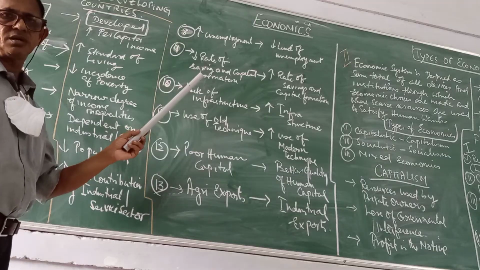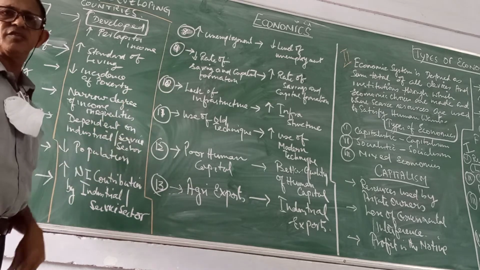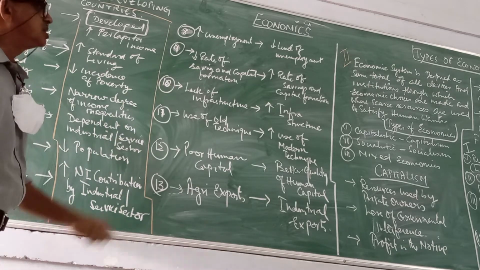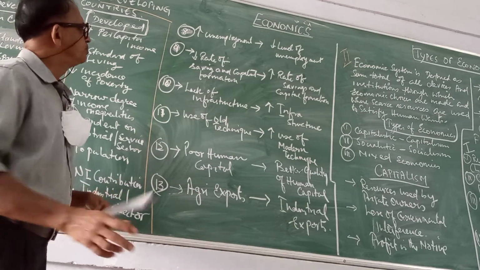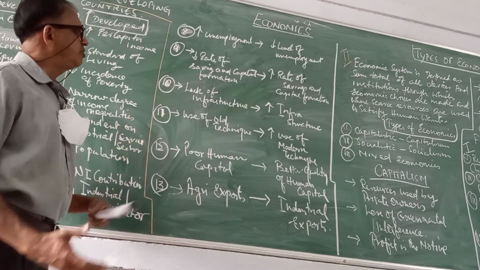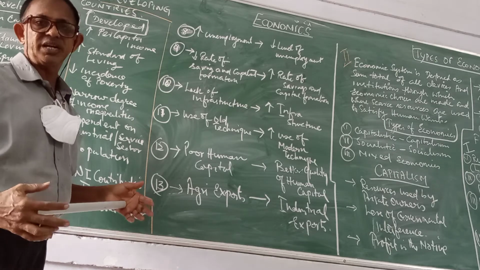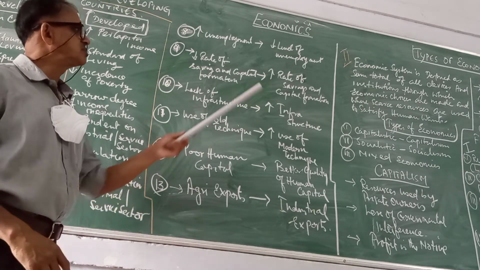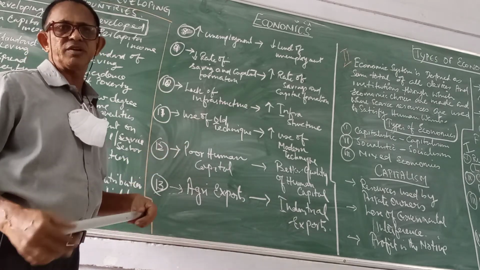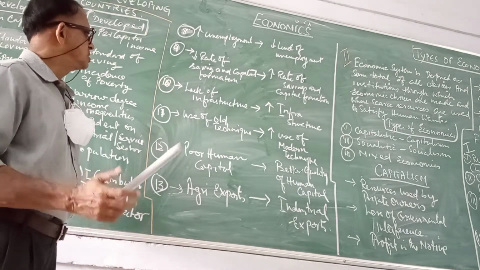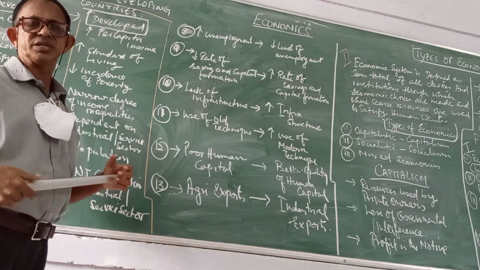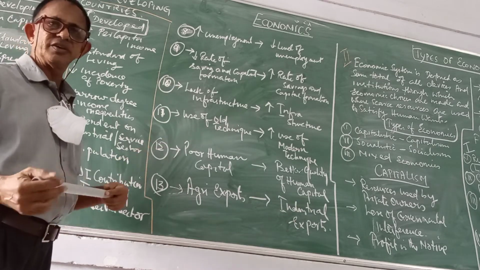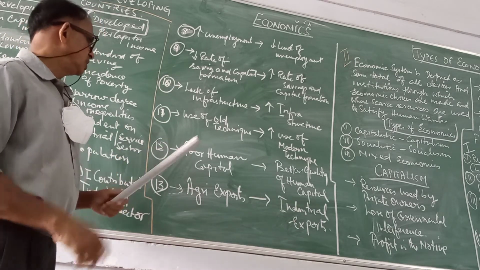Now the eighth point: there is a high degree of unemployment in developing countries, whereas in developed countries the level of unemployment is very low. The rate of savings and capital formation is very less in developing countries, whereas it is very high in developed countries. Then there is lack of infrastructure in developing countries, and in developed countries infrastructure is very good.